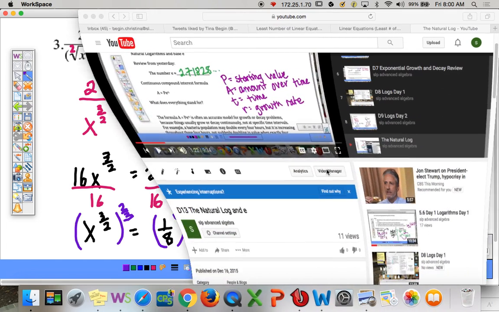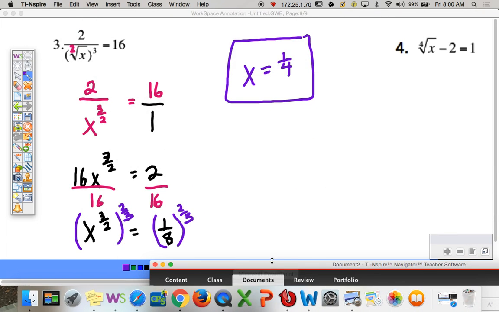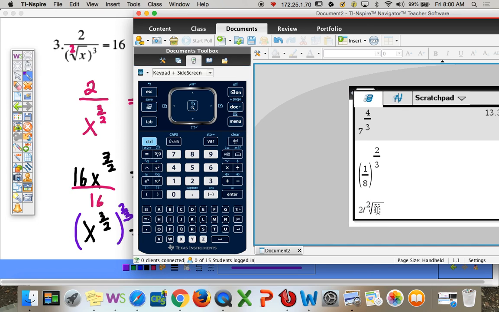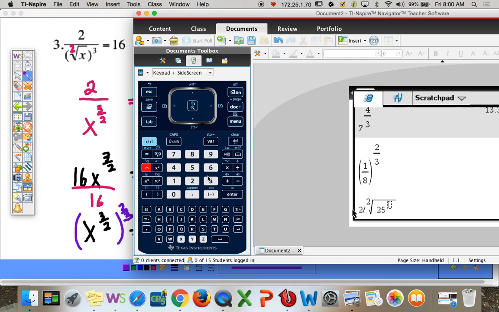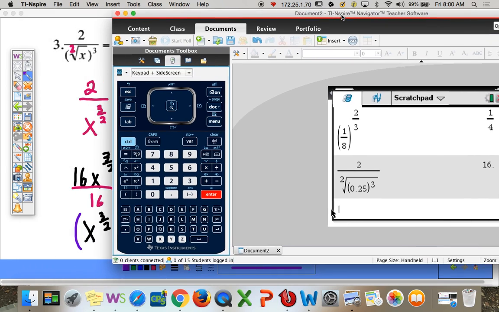So let's try that. So I'll do 2 divided by, and we'll use this right here. This was 0.25 I'll put for 1/4 to the power of 3. We should get 16. And we do.